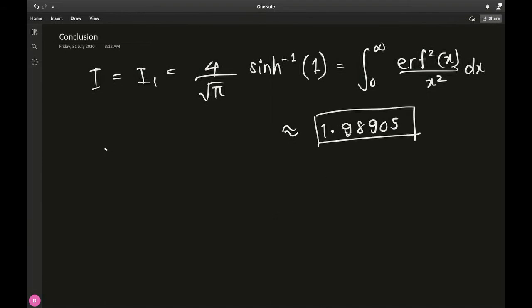We actually could tackle a complicated function like this error function that we started with. So that's it for this video, guys. I hope you really enjoyed this. This was a really interesting and unique one where we dealt with non-elementary functions whose antiderivatives, strictly speaking, do not exist. So yeah, we got a pretty neat answer involving the inverse hyperbolic sine.